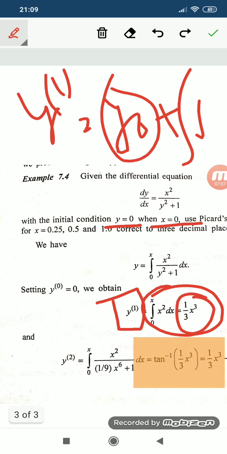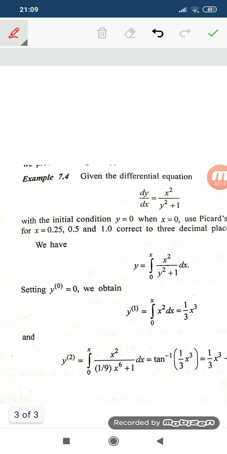In this way you can use Picard's approximation method and find solutions of your ordinary differential equation. Now I will send you an assignment where you will be asked to find solutions using Picard's method, and in case you have any doubt, please let me know. Thank you.